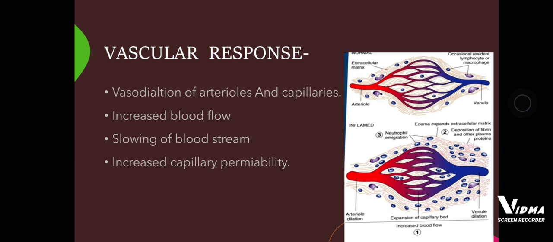If a person gets hurt, edema will be there, or vasodilation, meaning the arteries and venules will get dilated. After the vasodilation, on that specific part of the body, the blood flow will be increased and the blood stream will be slow.